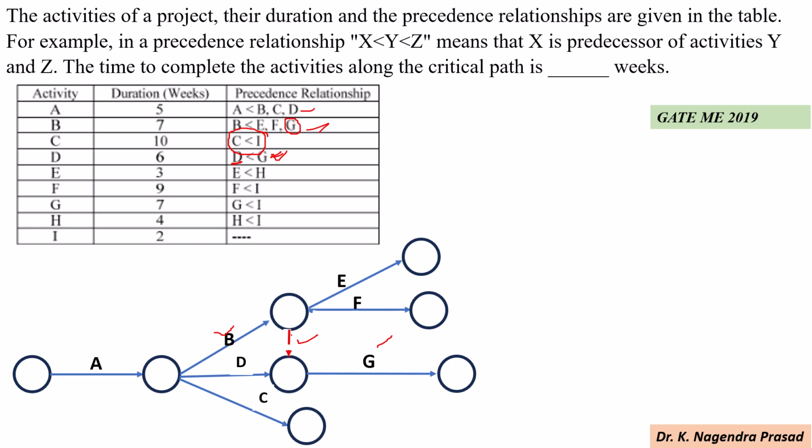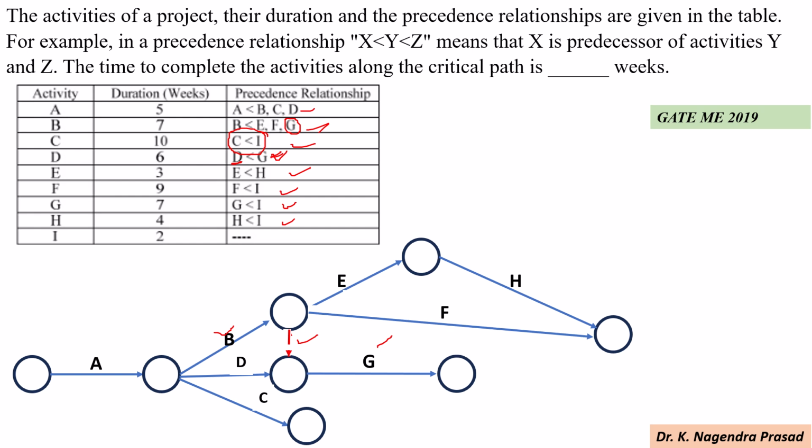Next we look at activity H. Activity H will start after completion of activity E. Next, activity I will start after completion of activities C, F, G and H, which means these activities should be merged at the head event of activity I. So merge these activities, that is C, F, G and H. First I merge activity F like this.